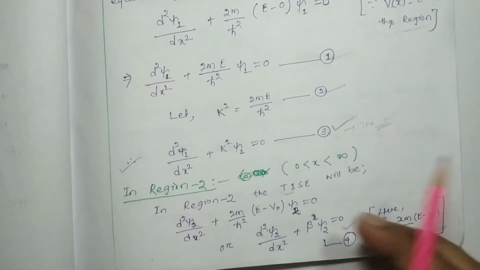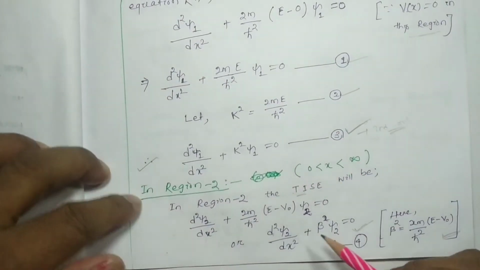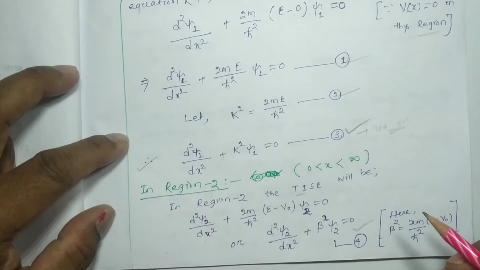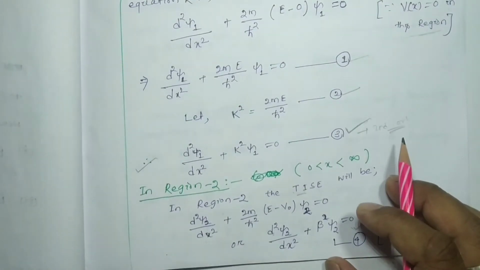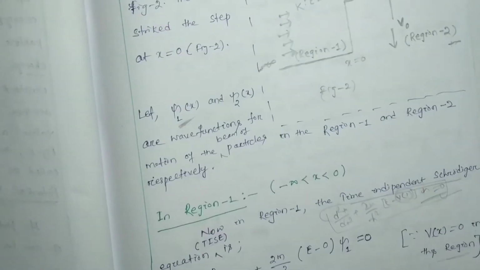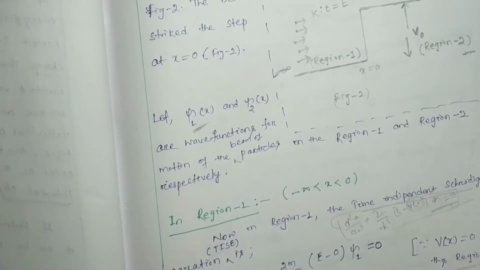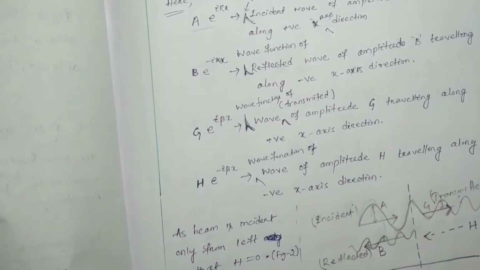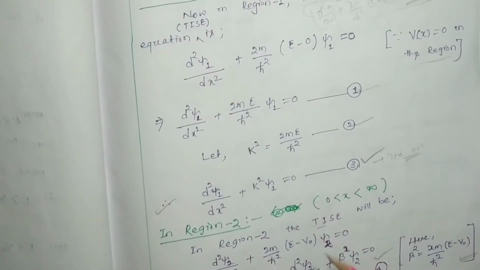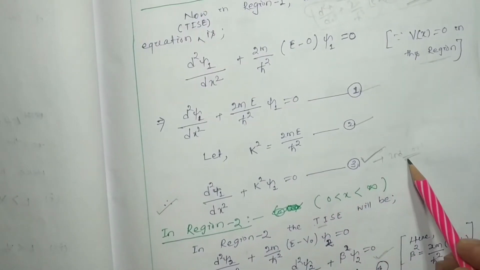Then after solving these two equations we can find the behavior of the flux of the particle in region 1 and region 2. So first we have to consider region 1 and region 2 solutions.